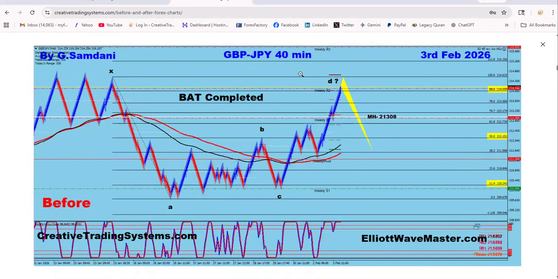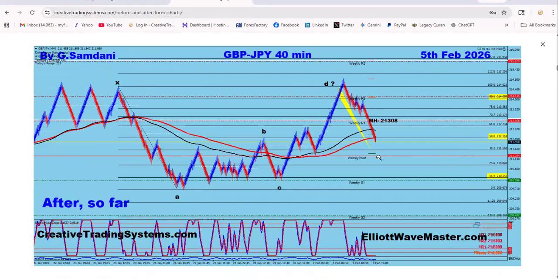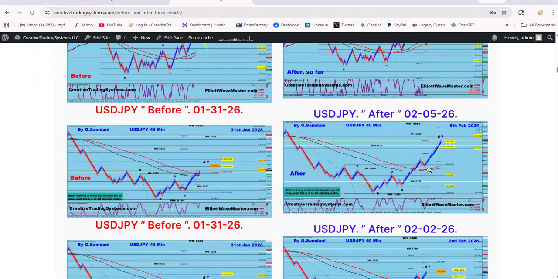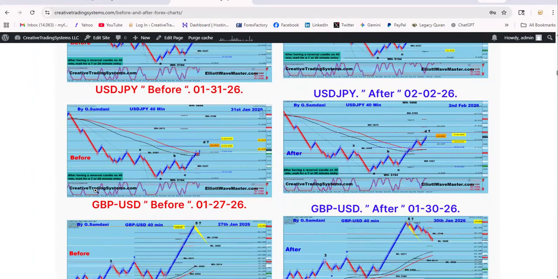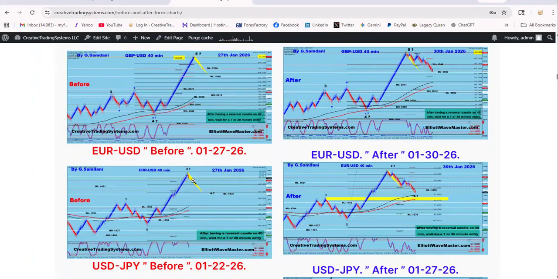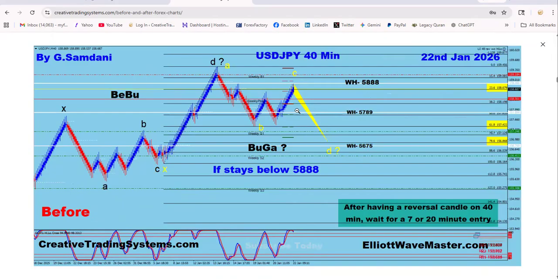This is Pound Yen on the 3rd, and look what happened. In a couple of days, it came down here for maybe a couple of hundred pips, more than that. This one, USD Yen, went up there. This one, the same thing. This is Pound USD, it needed to come down, and it came down. Euro USD needed to come down, and it came down. Look at that, USD Yen, a beautiful setup here.